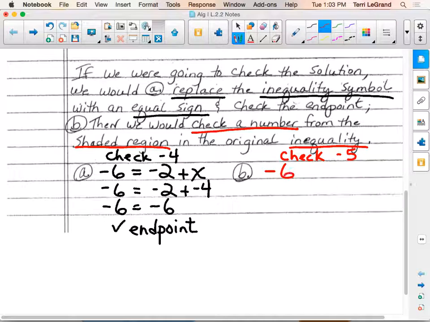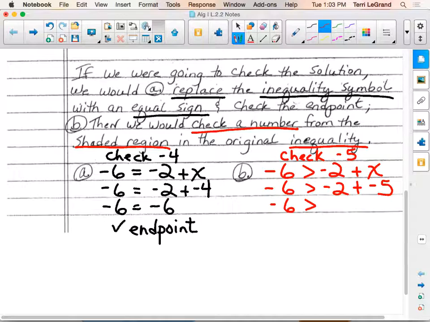So -6 is greater than, is that how this symbol goes? Am I right? -2 plus x. So our original inequality, we'll substitute into it our -5 for our x. Well, -6 doesn't have anything to be combined with, is greater than.